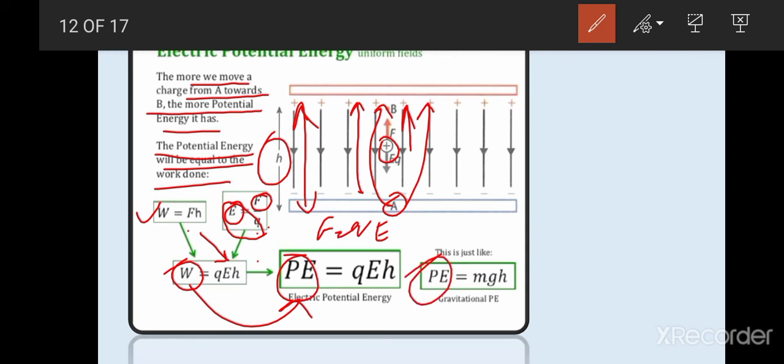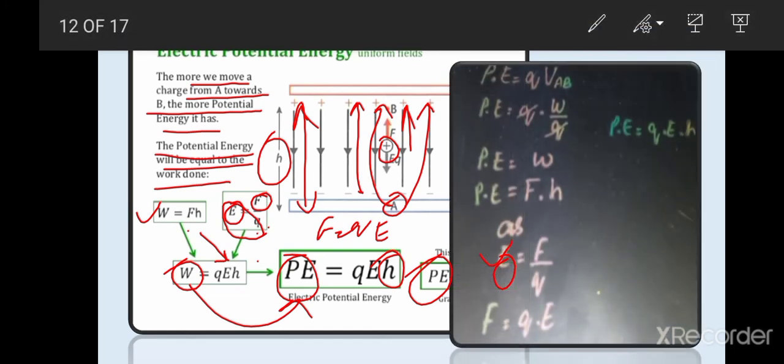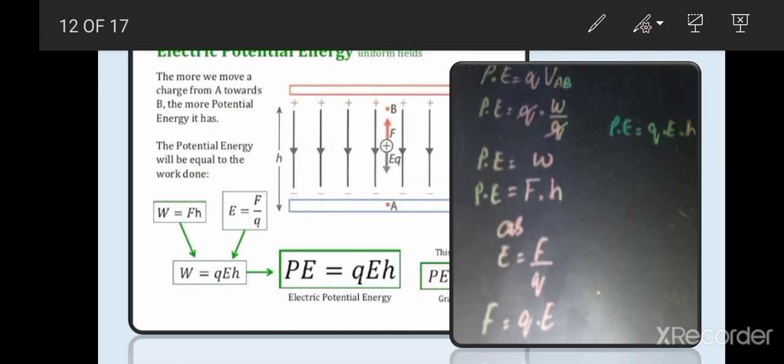Same is the case for gravitational potential energy, MGH. It increases with the height, increases with the distance between the two points. Here you can see how potential energy has this formula.